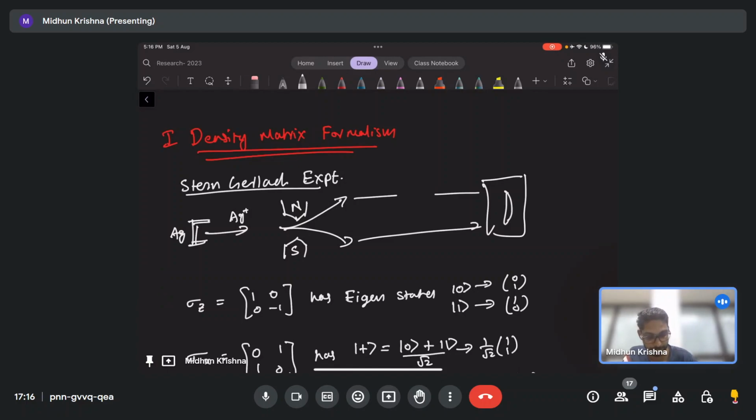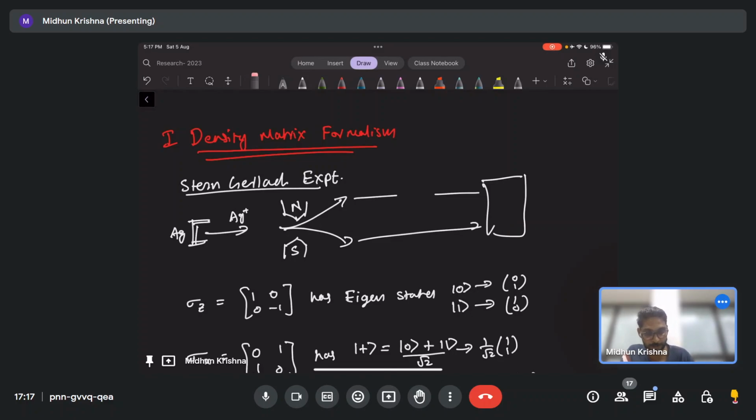So we expect something like this, in which there's a region in which, on average, we expect the spin to be zero because it's a thermal state. So we expect a distribution of spin values, and hence on the photoluminescent sheet, we expect a continuous value of spin to be registered.